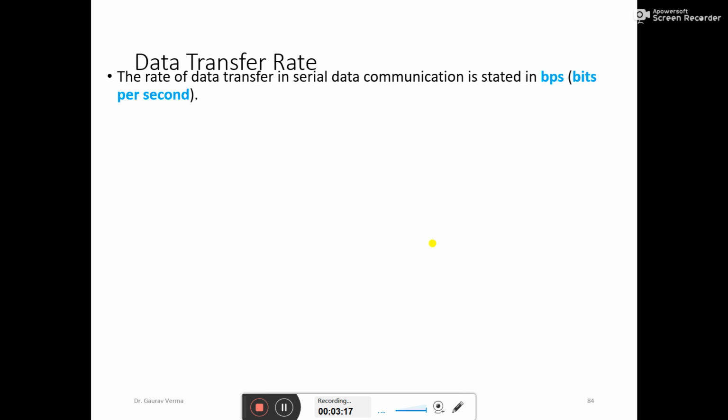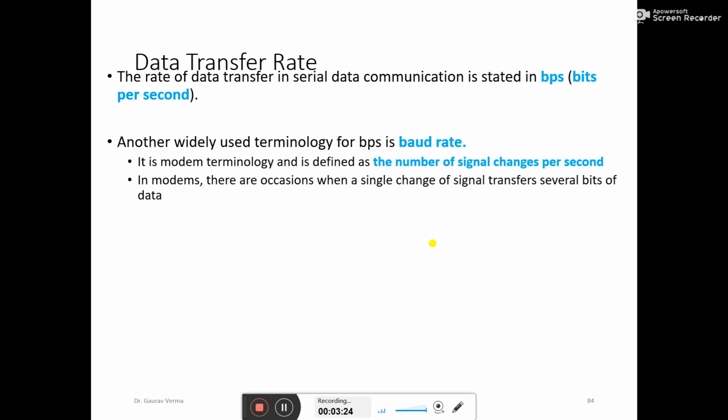The data rate in serial data communication is stated in BPS, or bits per second. Another widely used terminology for BPS is baud rate. Baud rate is a modern terminology, and it is defined as the number of signal changes per second.